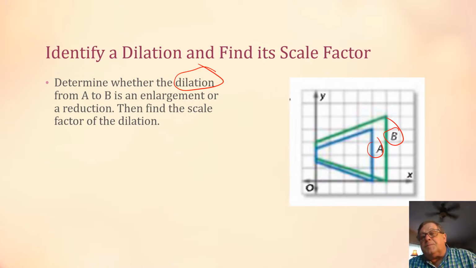But in order to find the scale factor, we want to look at some corresponding sides. Now, let's see what color I might want to put this in. I can see corresponding sides that might make it easy for me. If I look at this side on the original or the pre-image and this side on the image, then I can use that as a comparison, and we're going to compare object B to object A. And since this is lying perfectly on grid lines, I can do this.